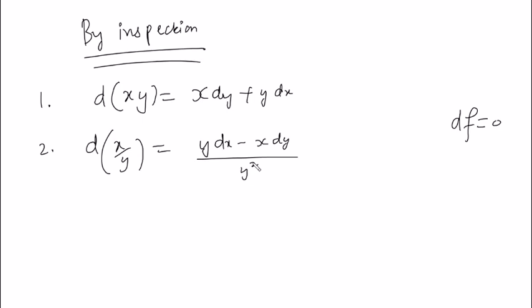Right? It's easy, they're just differentiating and writing as differentials. So if in some equation you spot a factor y dx minus x dy, we'll try dividing by y square. In that case our possible integrating factor can be 1 by y square, because as soon as we multiply by 1 by y square, we'll see the exact differential of x by y. So this is how these formulas are going to work. Right? I'll stop here.